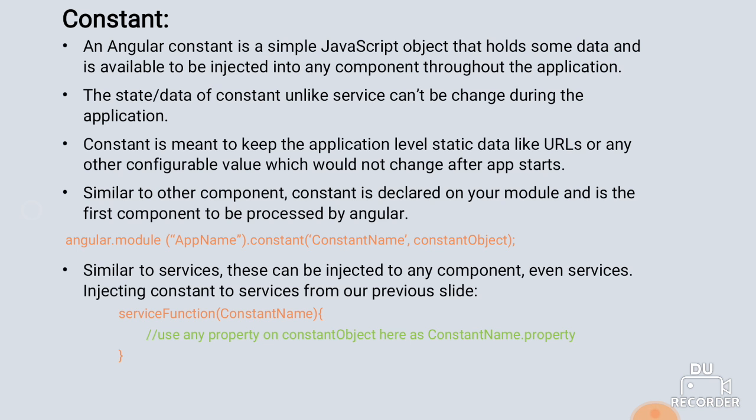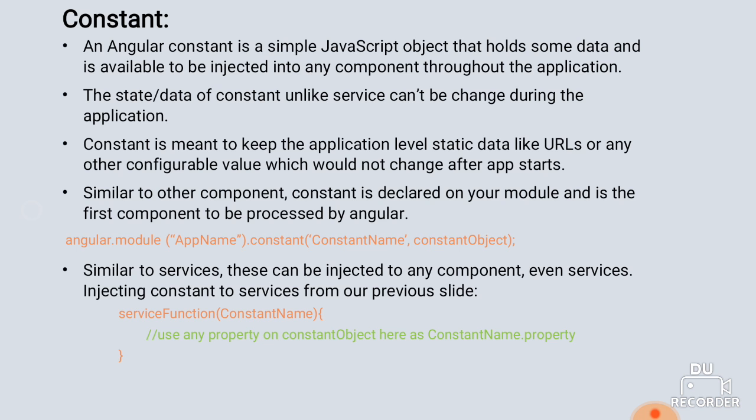Any kind of stuff which is going to be static throughout your application can be kept in a constant. A constant component, similar to all other components, is declared on top of your module using the dot constant function, which takes a constant name followed by a constant object. Please note, this time it's an object and not a function like in a service, controller or directive. It's just a single object.